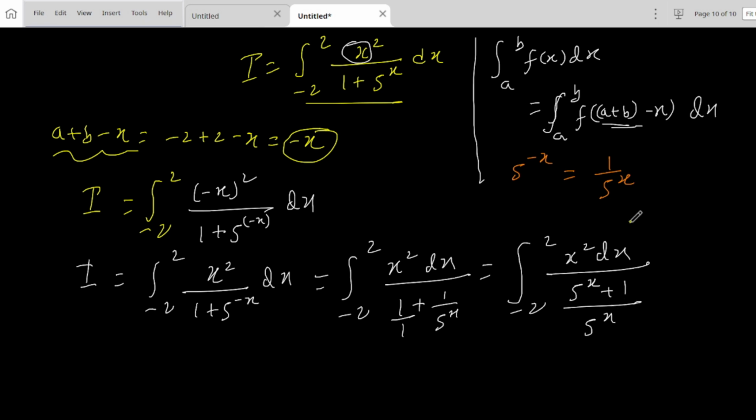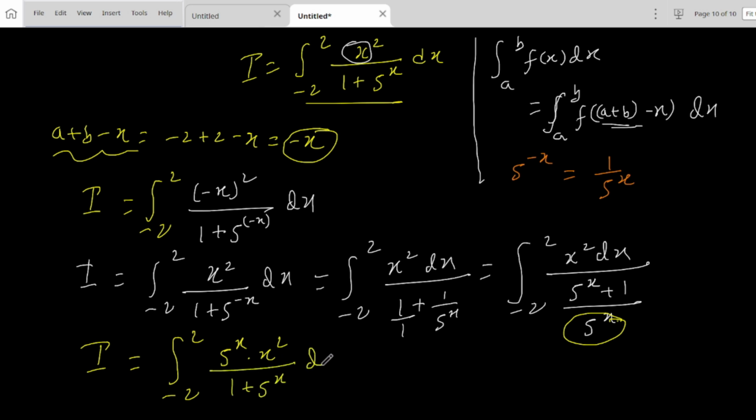Now we have x square upon 5 to the power x plus 1 by 5 to the power x. So definitely this is going to get multiplied by the numerator. When we multiply with the numerator, we will get 5 to the power x into x square upon 1 plus 5 to the power x dx.